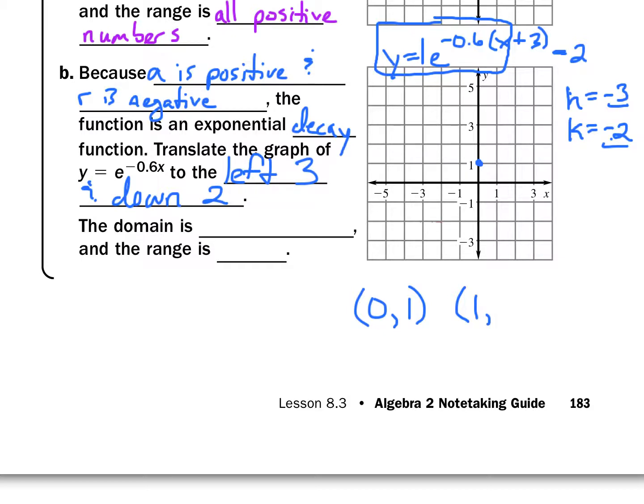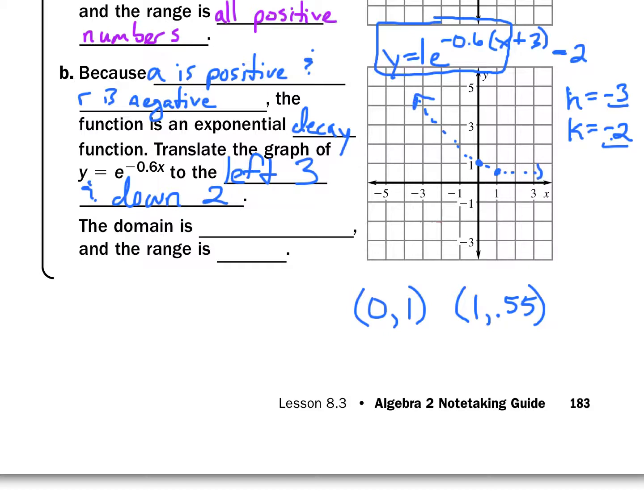So that would be 1, comma, and we'll say 0.55 is close enough. So 1 comma 0.55, just barely above the halfway mark. And remember, this is my base function, so it's approaching the x-axis.